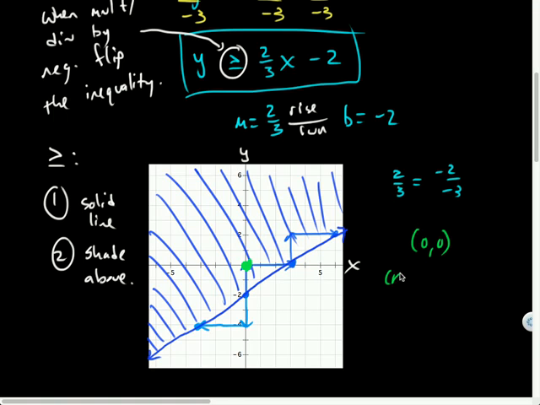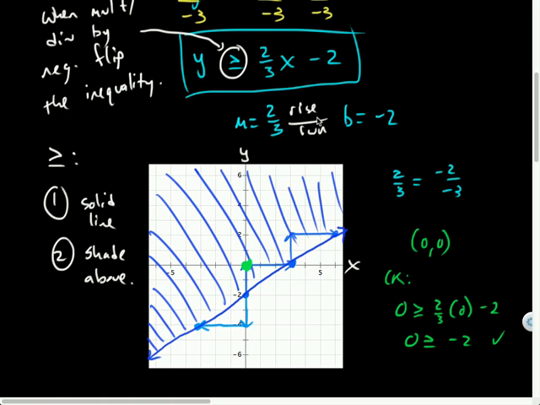So as a check, is 0 greater than or equal to 2/3 times 0 minus 2? Is 0 greater than or equal to -2? Yeah, it is. So it seems like I at least have a point in the correct spot. I mean, it doesn't verify that my line was right or anything like that, but I do have a point in the correct direction. So that's how I typically will be graphing an inequality.